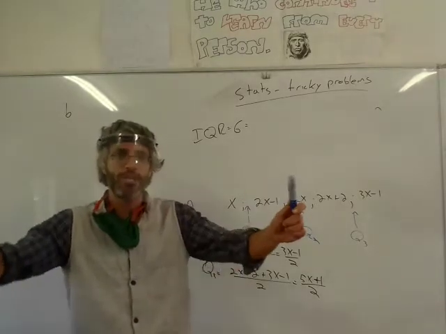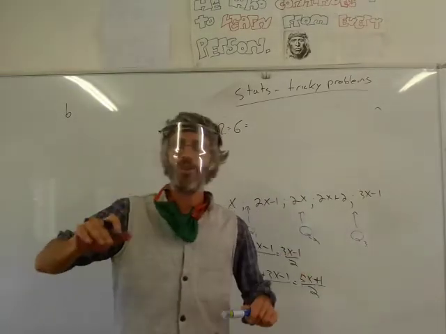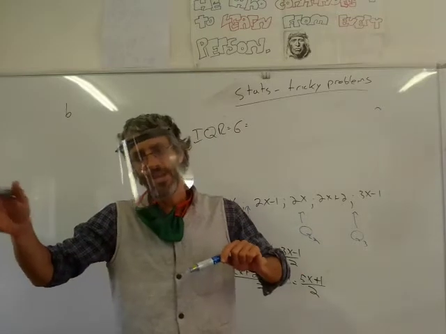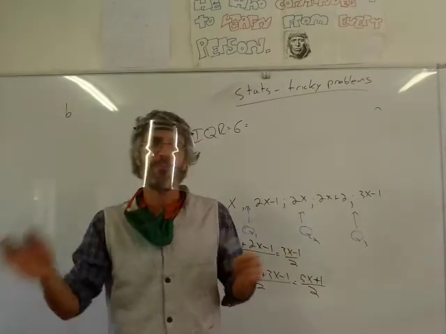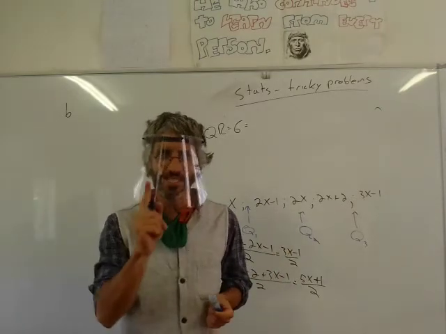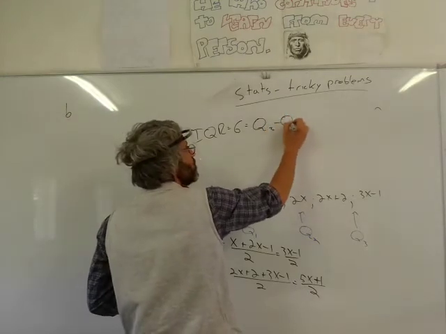If the range is the maximum minus the minimum, then the interquartile range is also something big minus something small. But it's not the maximum minus the minimum, it's the Q3 minus Q1. That's the thing you can't forget. Q3 minus Q1.